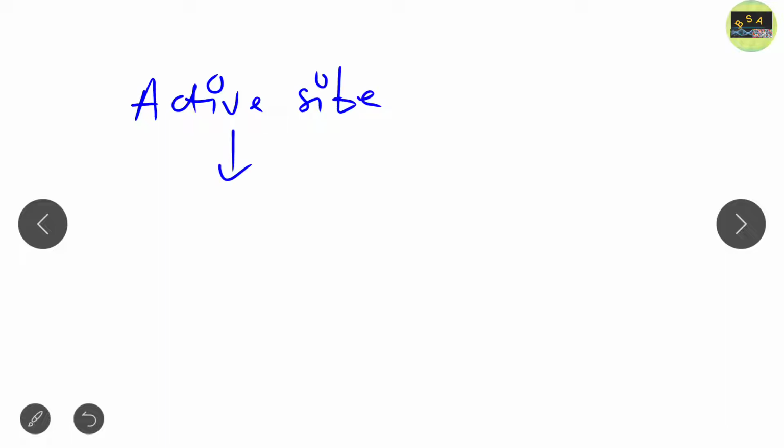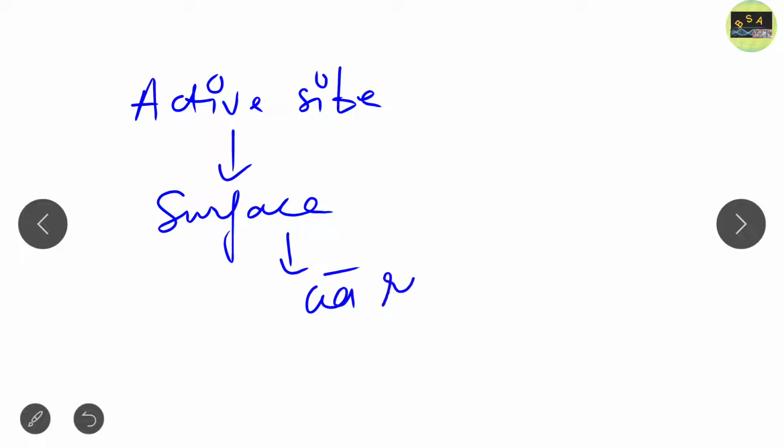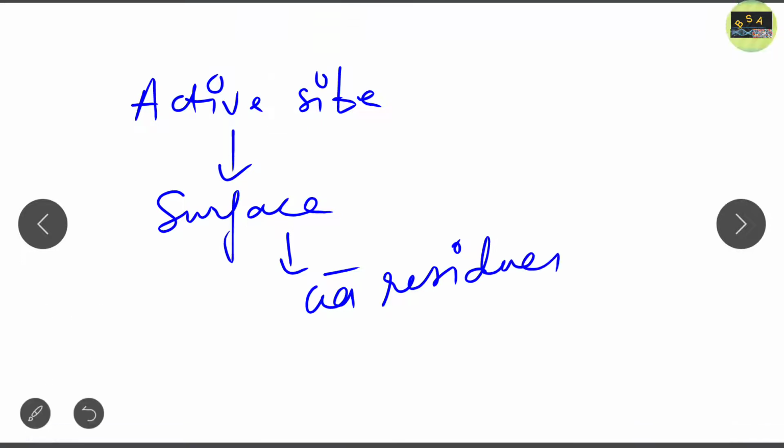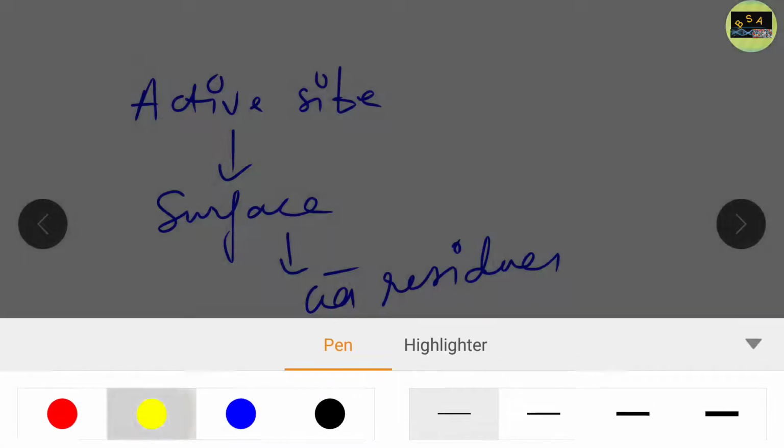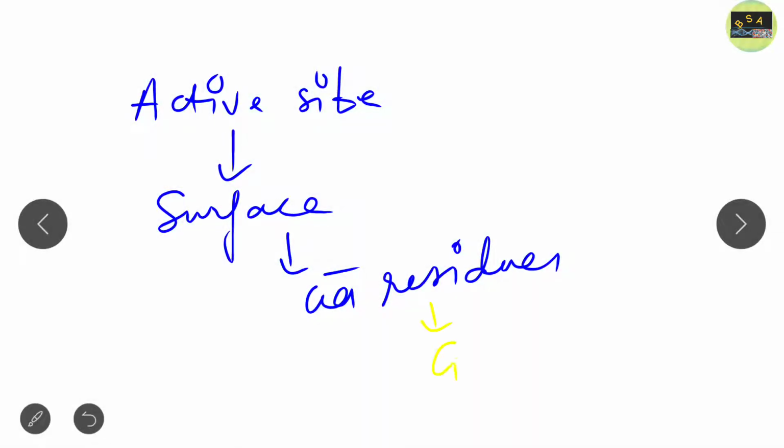Clear? So suppose you look at the active site: the surface of the active site is lined with amino acid residues with substituent groups, and all these amino acid residues have some substituent groups.